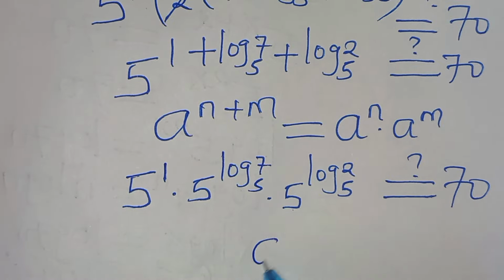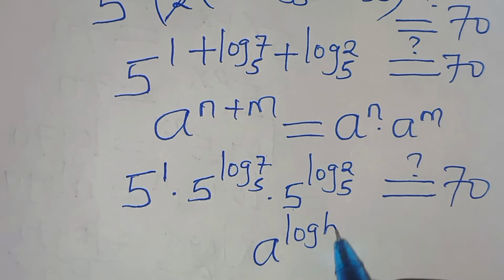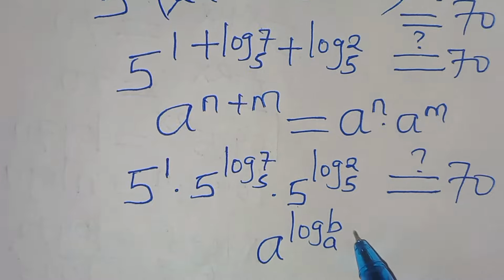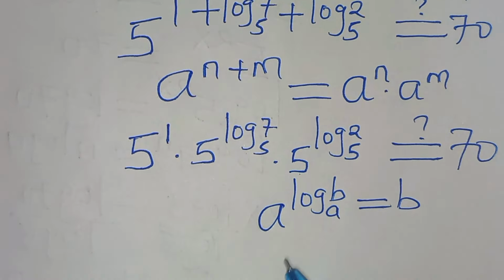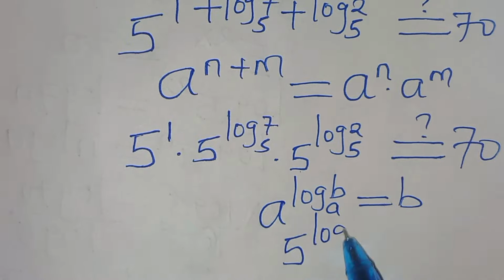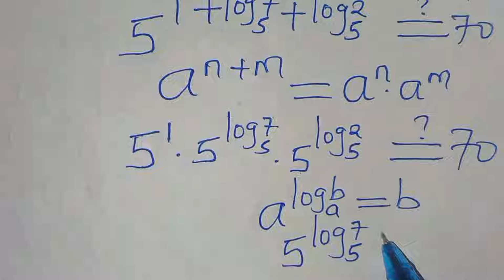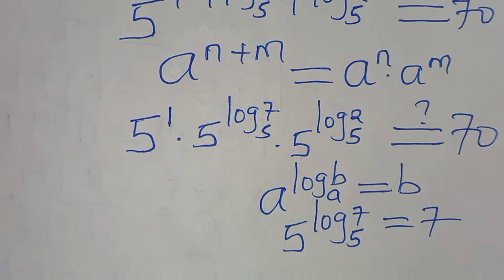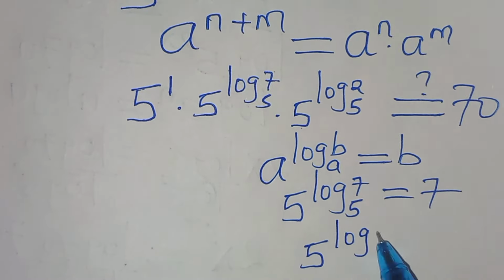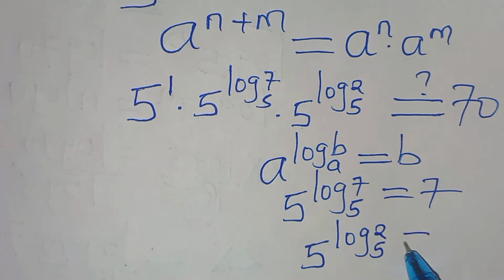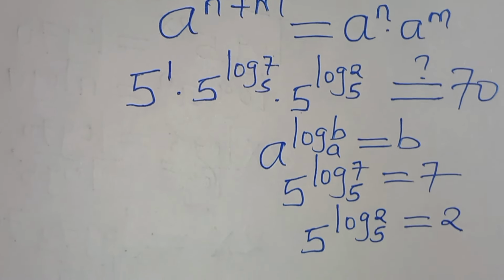This is in the form of a to the power of log b to base a, and this is equal to b. So we can apply this logarithm property so that we have 5 to the power of log 7 to base 5. This is equal to 7. And we have that 5 to the power of log 2 to base 5. This is essentially equal to 2.